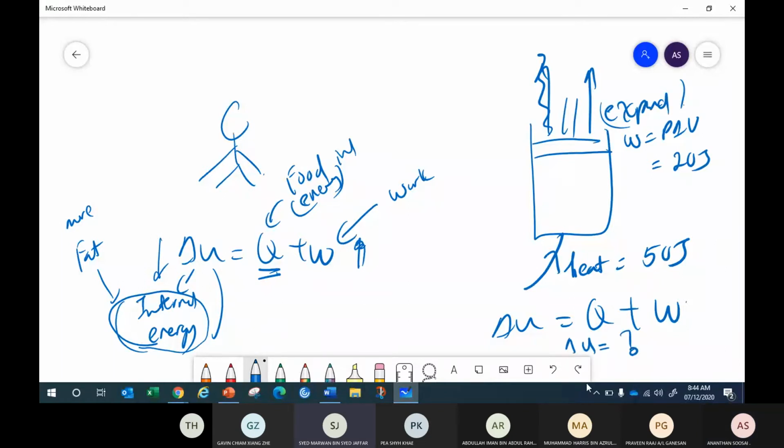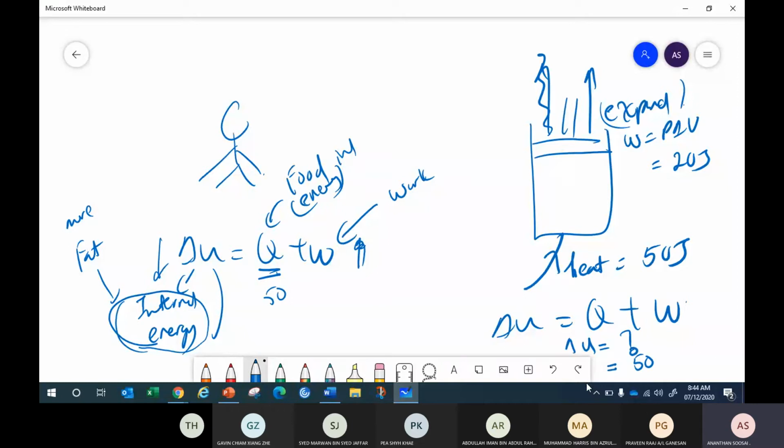30. That's good. The heat is 50 joule, trying to raise the internal energy, like you are eating 50 joule. So internal energy has the chance to rise by 50. But the gas expands, which equals the amount of work you do. After you eat, you do lots of work.